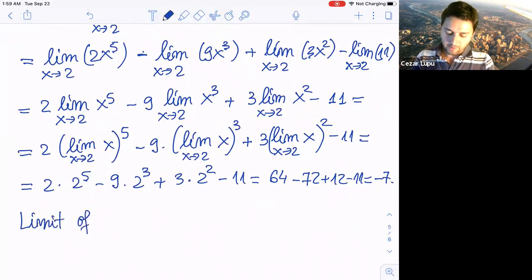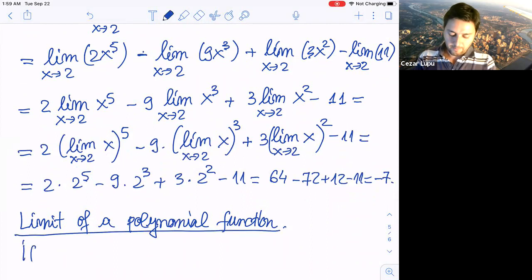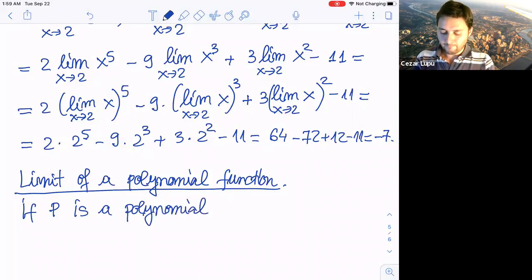Well, now let's talk about the limit of a polynomial function. If P is a polynomial function, then, well, guess what happens?